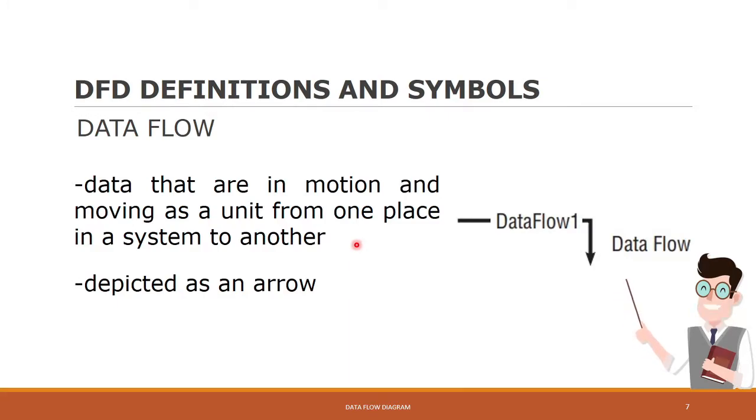A data flow can be composed of many individual pieces of data that are generated at the same time and that flow together to common destinations. A data flow is depicted as an arrow, as you can see here in this symbol. The arrow is labeled with a meaningful name for the data in motion.